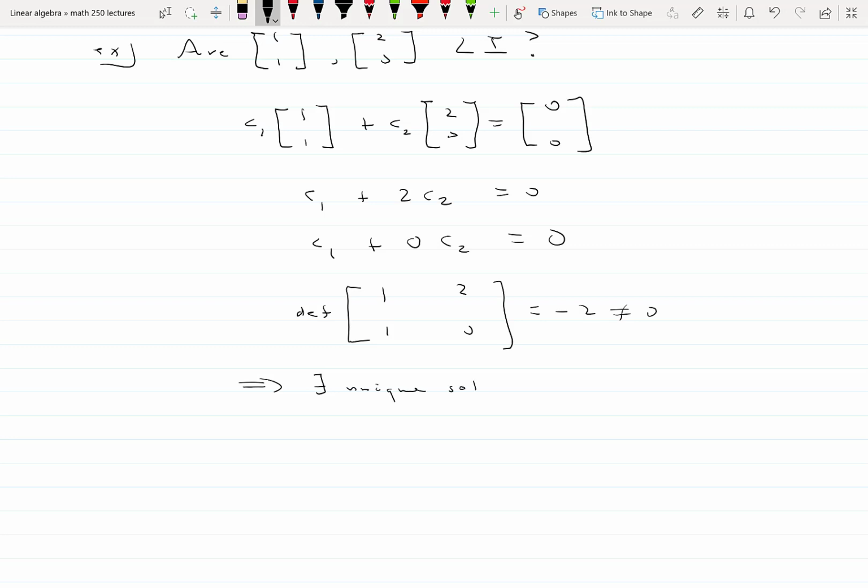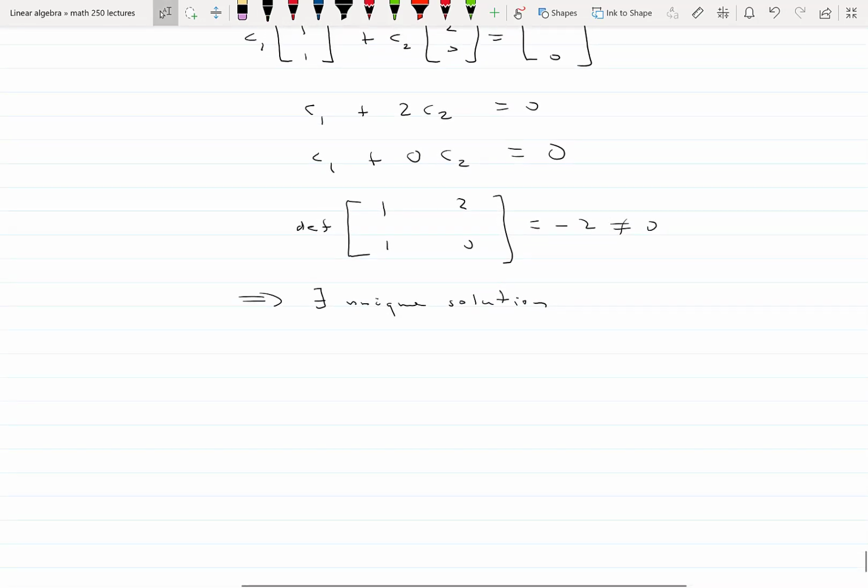This is from our past, and it's going to be a huge part of our future. If the determinant of the coefficients of a square system of n equations and n unknowns is not 0, you have a unique solution. This is a homogeneous system.